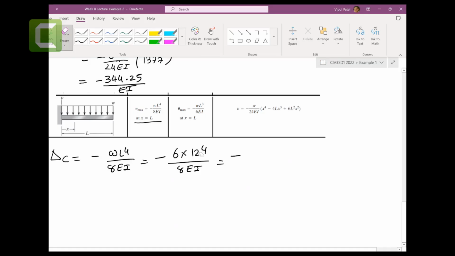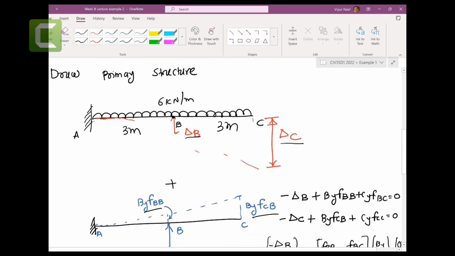Oh, that is 6 squared. Just a correction: 6 times 6 to the power 4 over 8. You get 972 over EI. I hope you understand finding the second deflection.